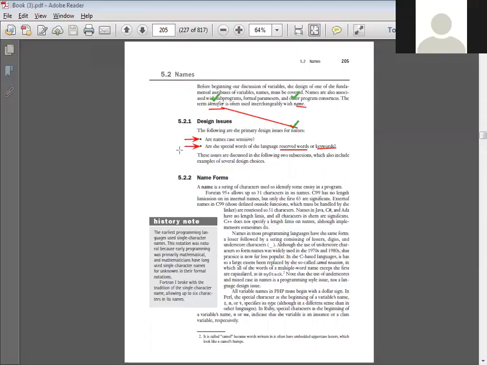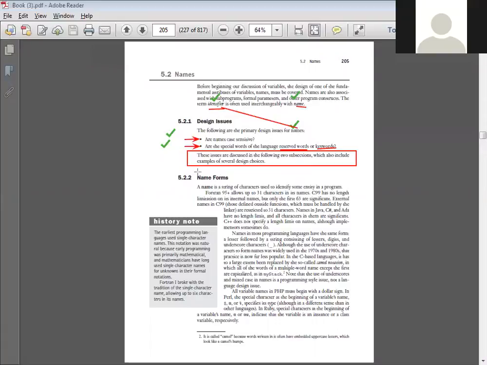These two issues, names are case sensitive and special words are used, are the key issues discussed in the following subsections, and they will include examples of several design choices.